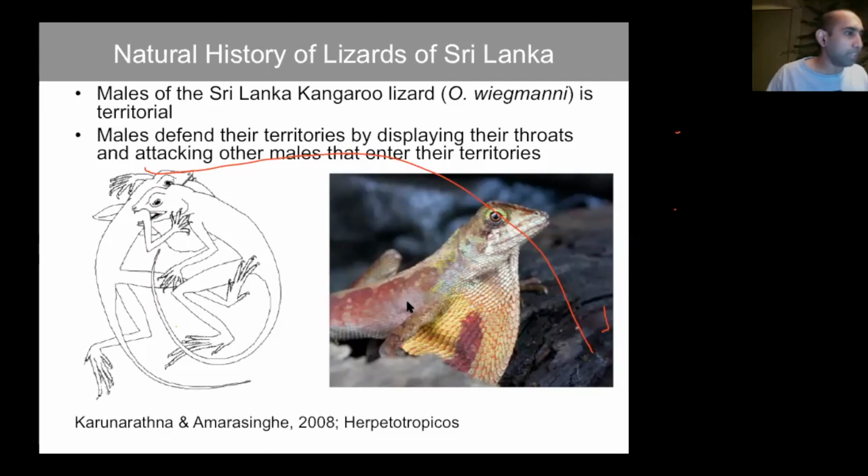So they reported that the Sri Lankan kangaroo lizards, Otocryptis wiegmanni, seem to be extremely territorial, and then they display their throat sacs, or the gular sacs, to males to ward off the males coming from other territories. And then if they still proceed, they would start battling with each other, biting and attacking savagely. Right? So that would result in the defeat of a particular individual, and then that defeated individual would be chased away from that territory.